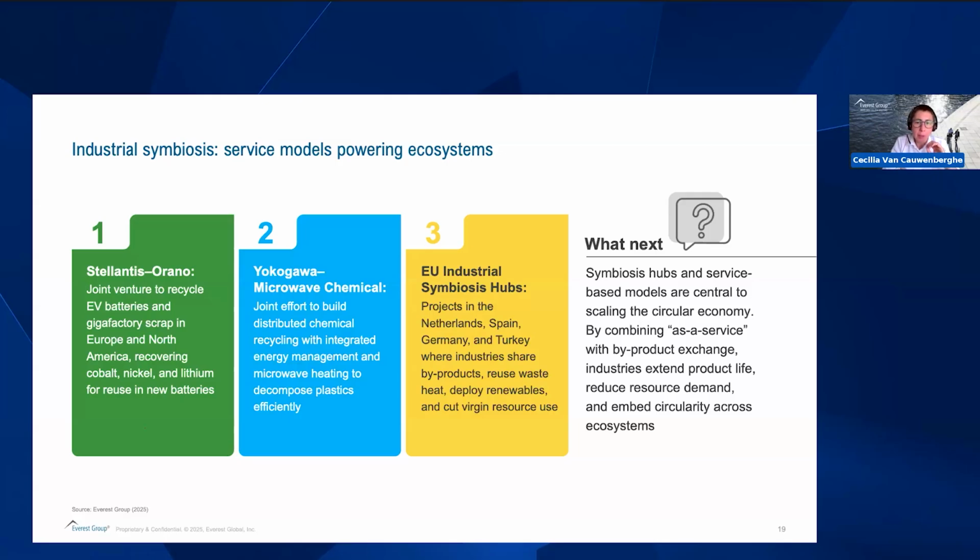The microwave heating technology precisely decomposes plastics at specific molecular frequencies, achieving depolymerization with 25% less energy than conventional pyrolysis. The system also integrates an energy management platform that tracks consumption per batch in real time and optimizes power draw against renewable availability.